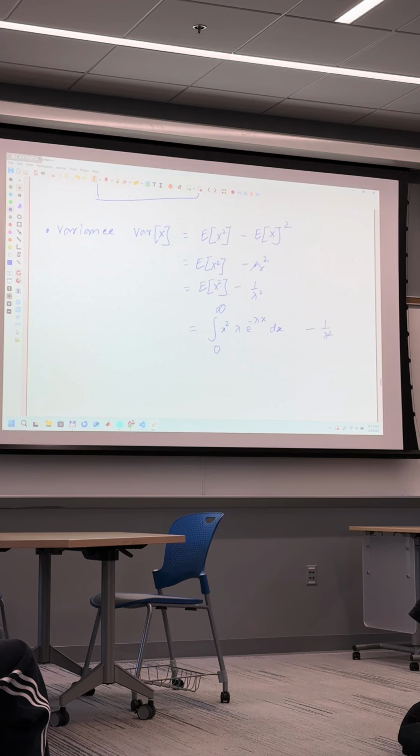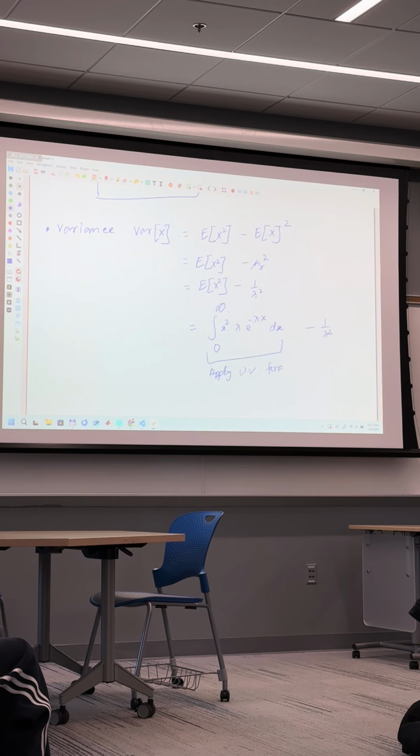Again, you apply the UV formula, integration by parts.